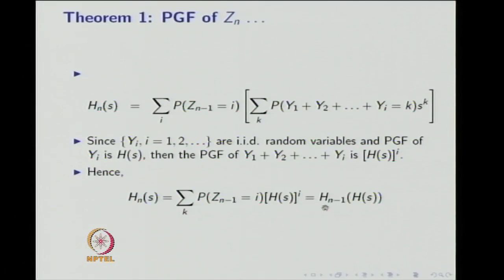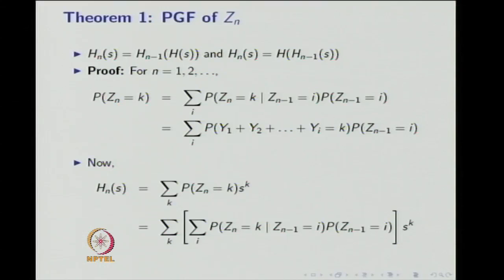So, that is nothing but the probability generating function for the random variable zn minus 1 with the replacement of s by h of s. Therefore, hn of s is nothing but hn minus 1 of h of s. So, the first part is proved. Hn of s is same as hn minus 1 of h of s.